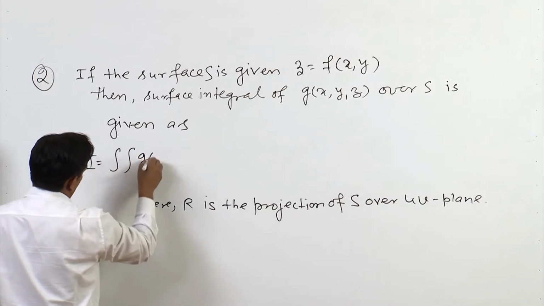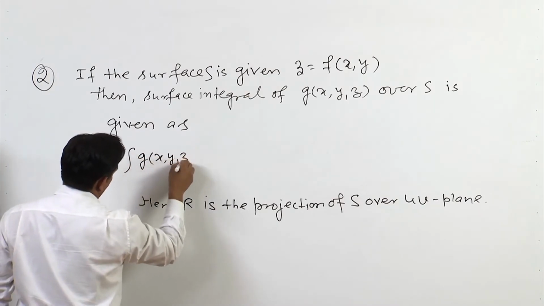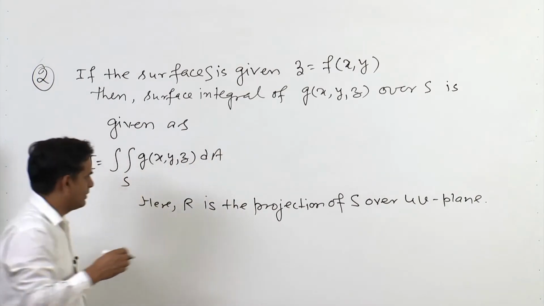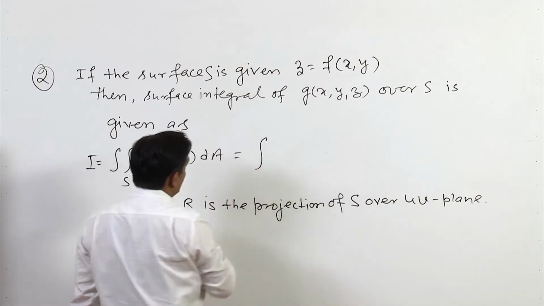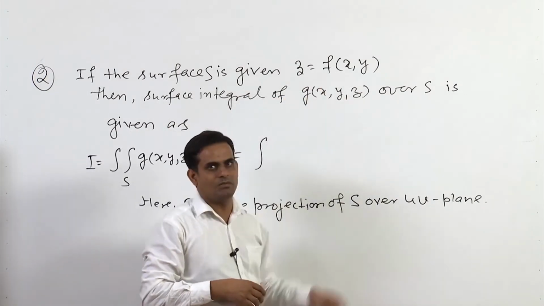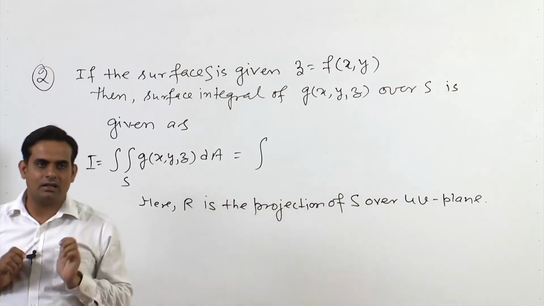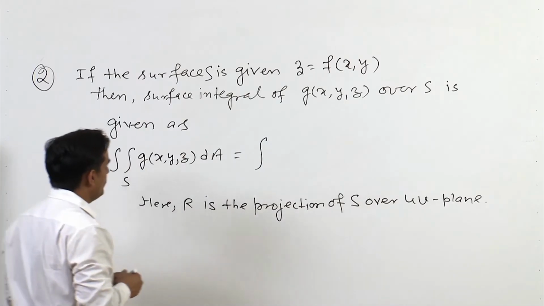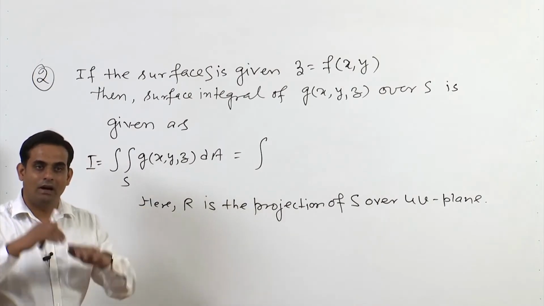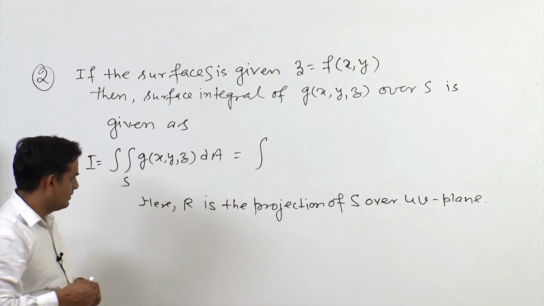So I need to calculate the integral of g of x y z dA over the surface S. If the equation of the surface is given in this form, z equals f of x y, then I will take the projection of S over the xy plane.